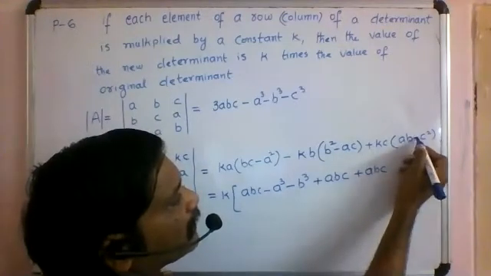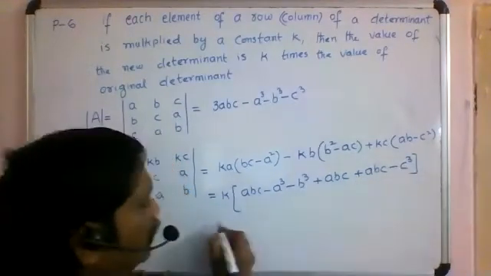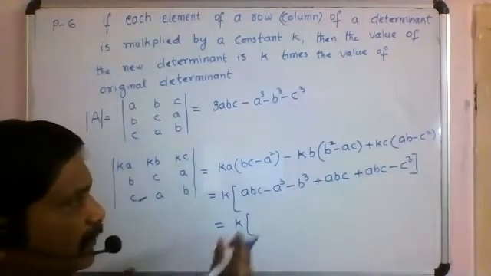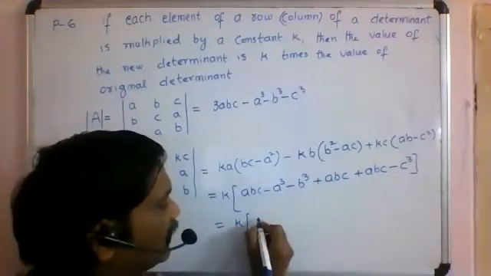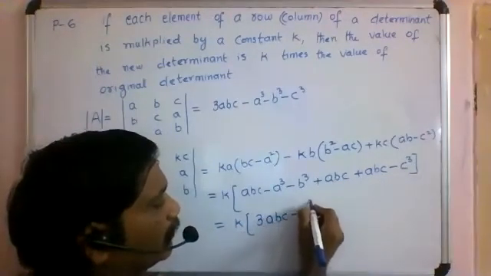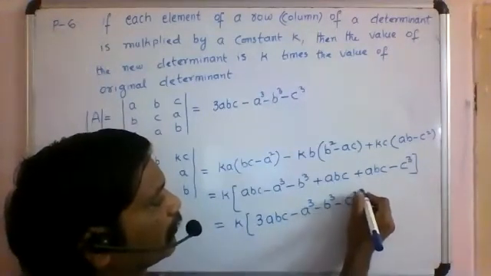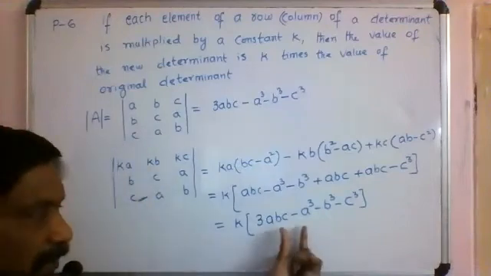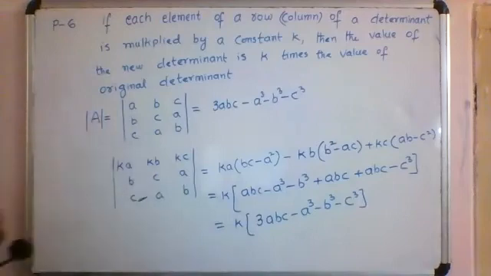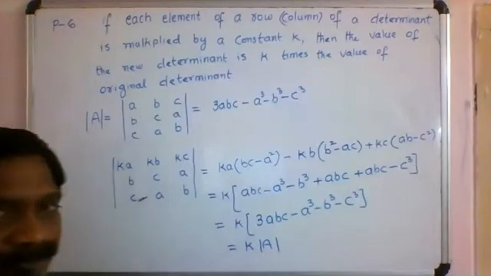And plus into minus C into C square is C cube. So K times, if you add like terms, ABC occurred 3 times: 3ABC minus A cube minus B cube minus C cube. But this is nothing but det A. So K times det A.